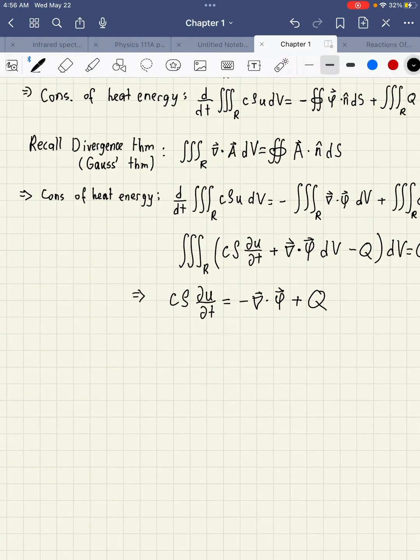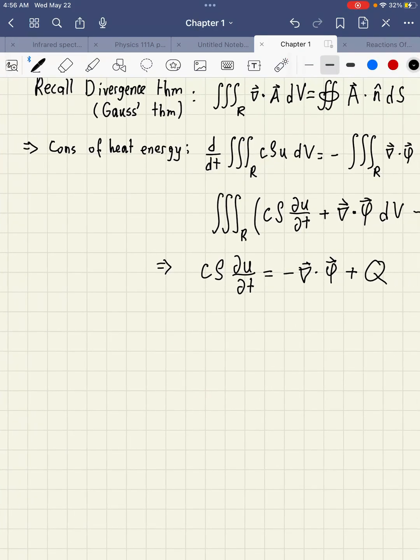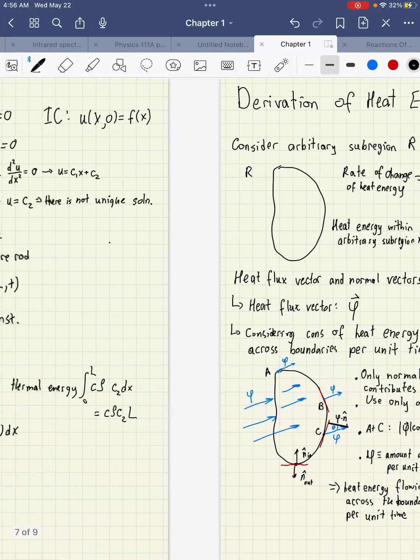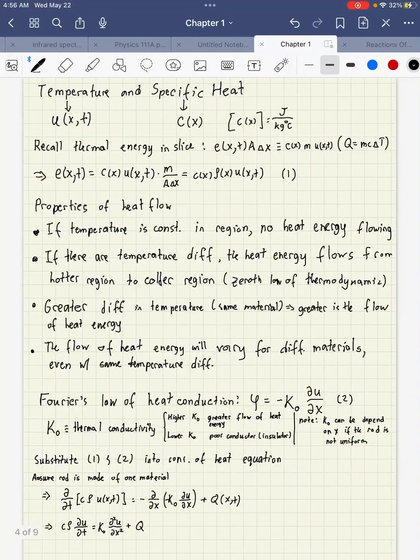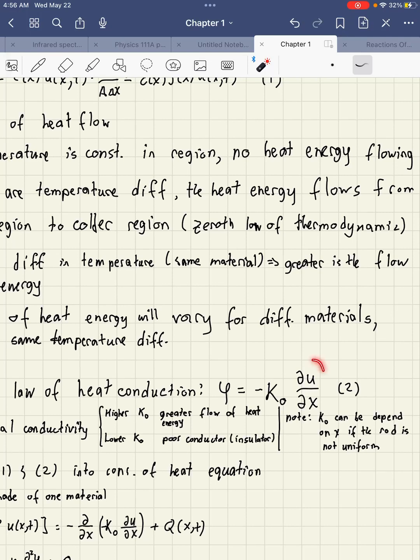So apply similarly Fourier's law of heat conduction. Now, the Fourier's law that we have here was in one dimension, and now we only care about two dimensions or three dimensions. So in this case, our heat flux is just the gradient of my given function.